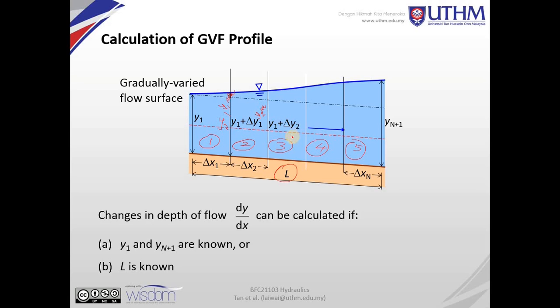And when we move to the third segment, this one will be y1 another new, and this one will be y2 new. So it will be repeated until the last segment of this GVF profile. So in this case, we need to create a table of calculation to ease our calculation.